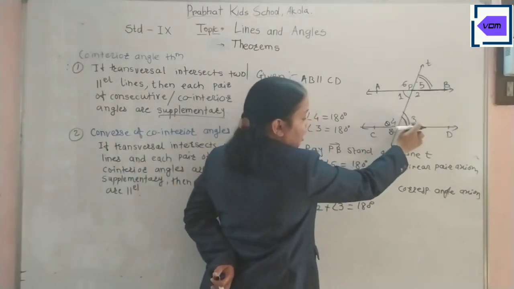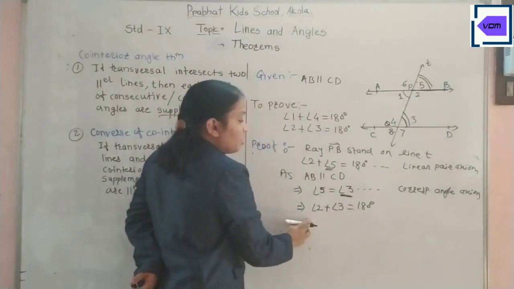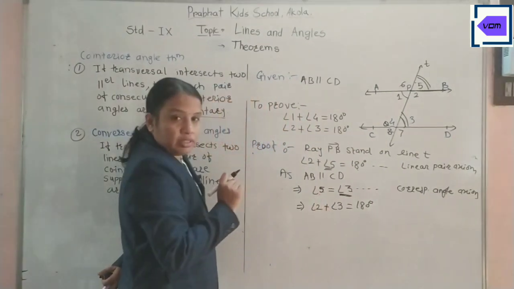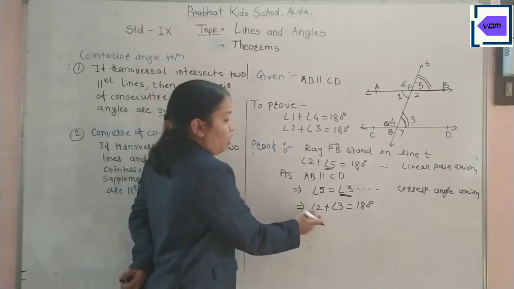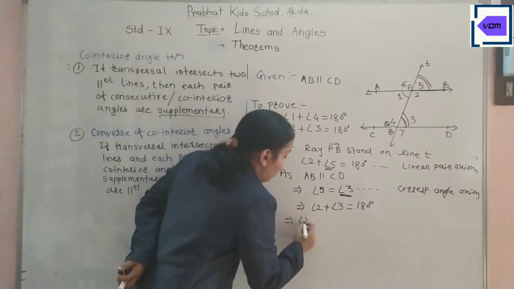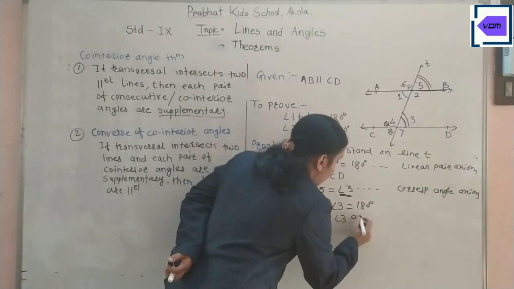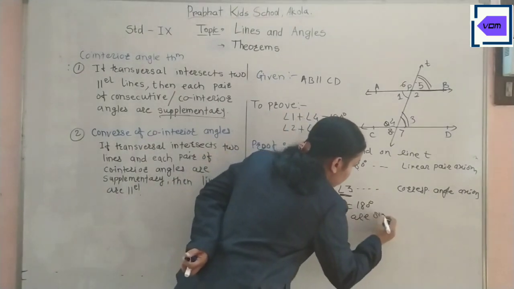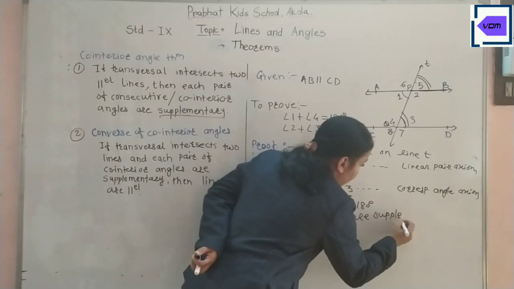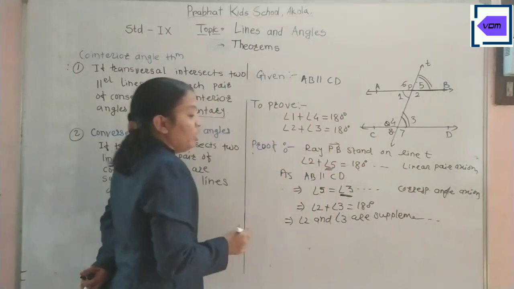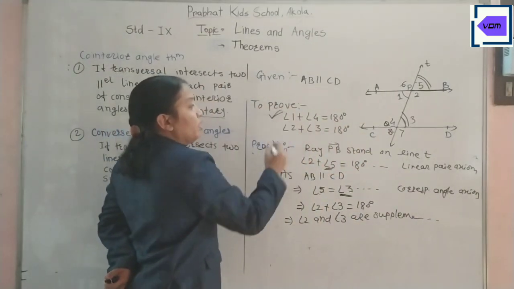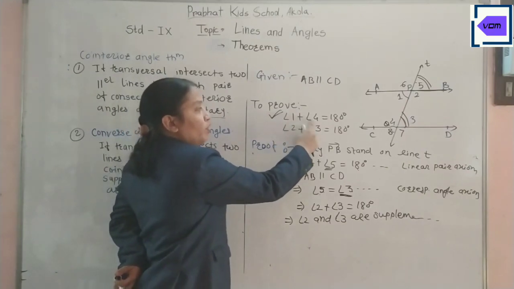Angle 2 plus angle 3 is equal to 180, meaning angles 2 and 3 are supplementary, and that is what we have to prove. This implies that angle 2 and angle 3 are supplementary, isn't it?